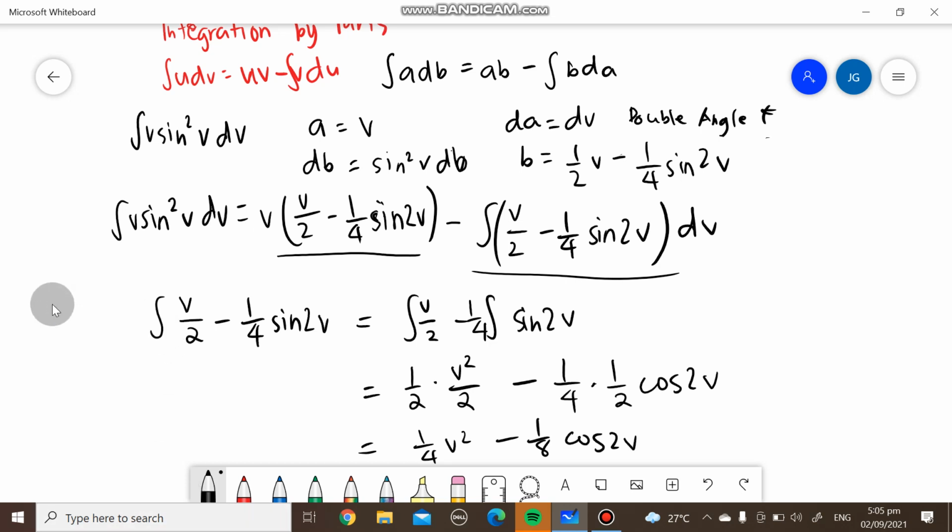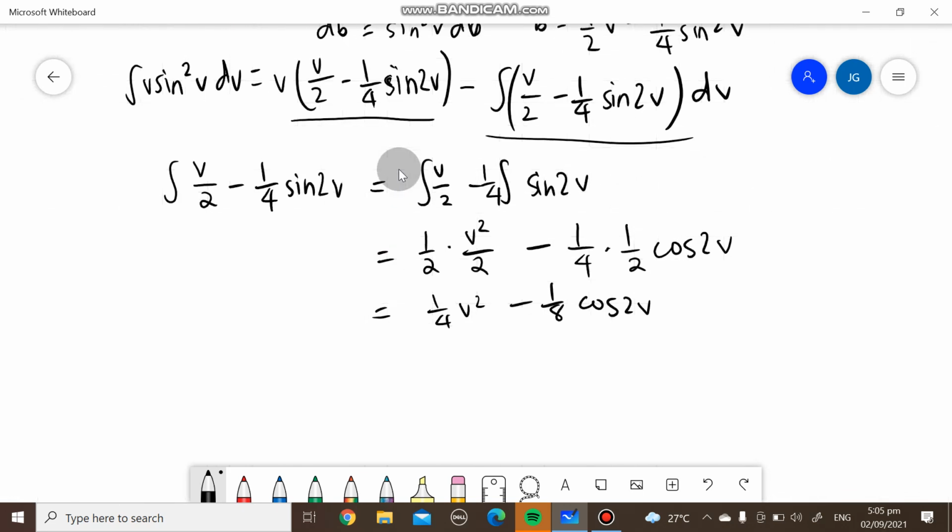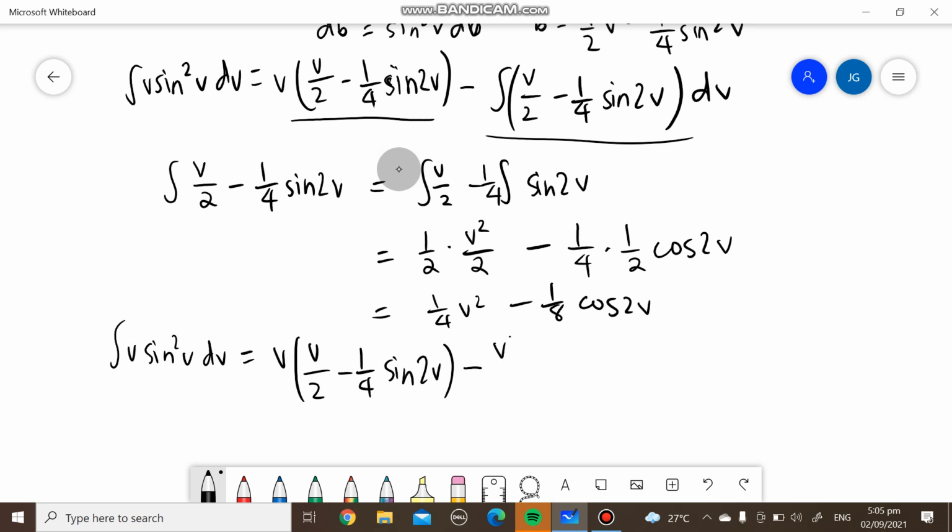So, ipaghalo-halo na natin. So, magkakaroon tayo ng final answer. The integral of v sine squared v dv is equals to v over 2 minus 1/4 sine 2v minus v squared over 4 minus 1/8 cosine 2v plus c.